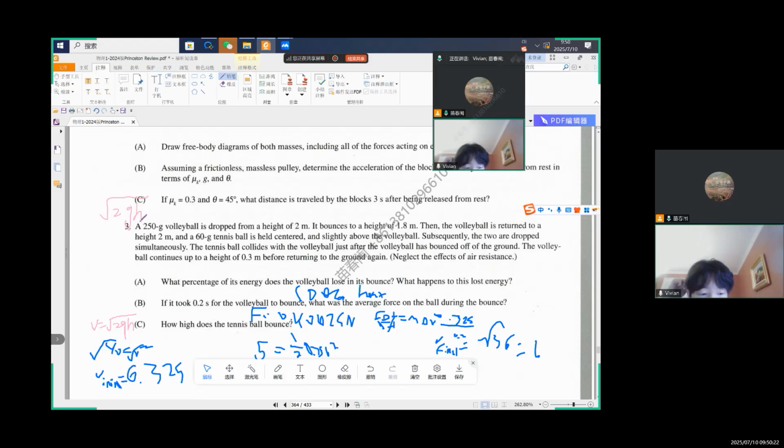I can find another velocity. 2 times 10 times 1.8. It's 36. It's still the same thing that I had. It's 6.